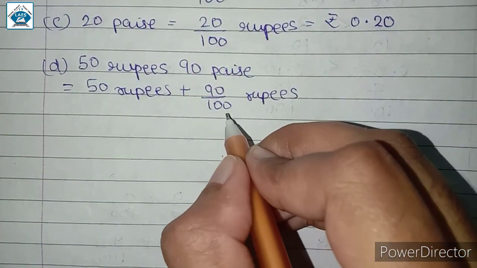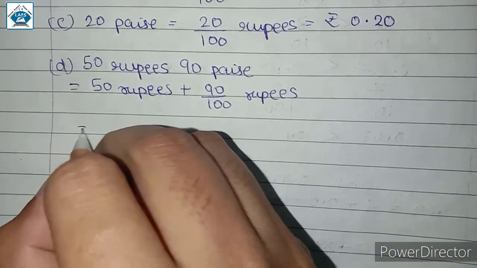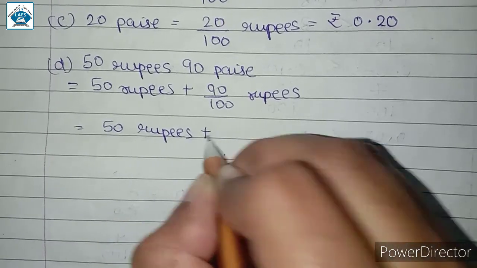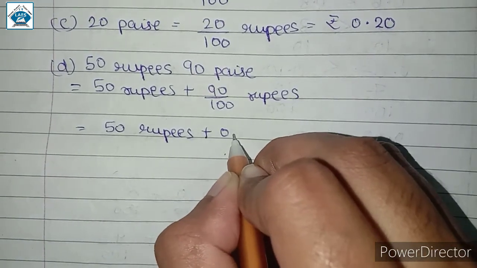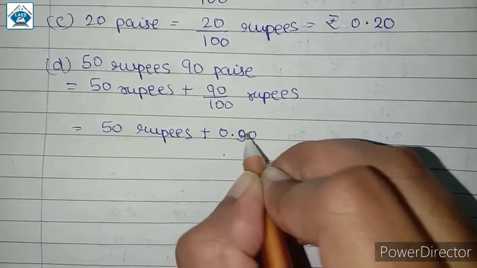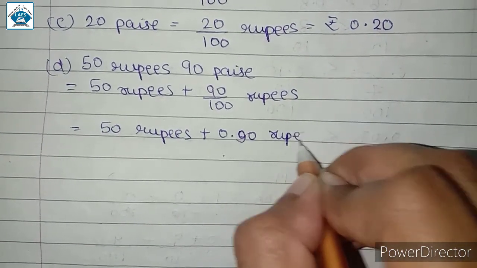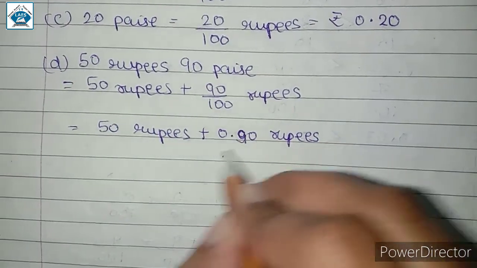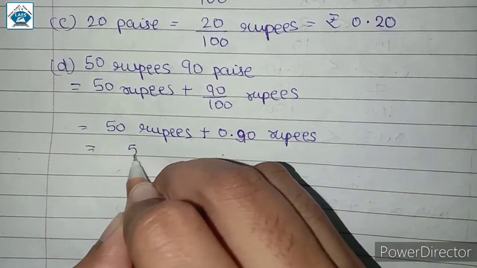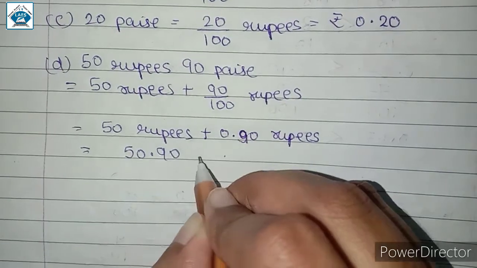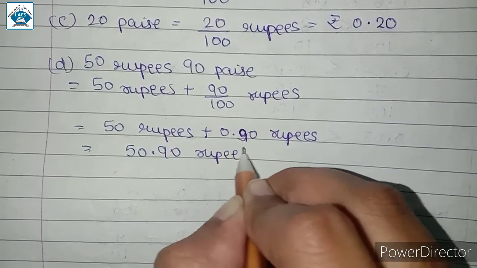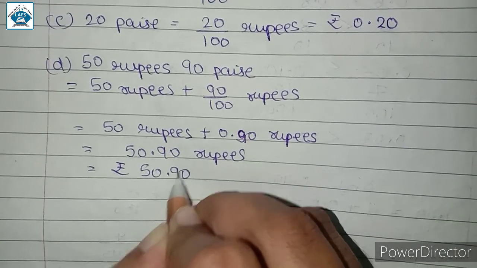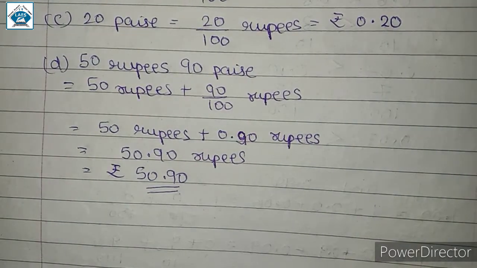So this is equal to 90 upon 100 rupees, which is 0.90 rupees. So दोनों को ऐड कर लेंगे. We know how to add these numbers, whole and decimal. So this is 50.90 rupees, or you can write this as rupees 50.90.